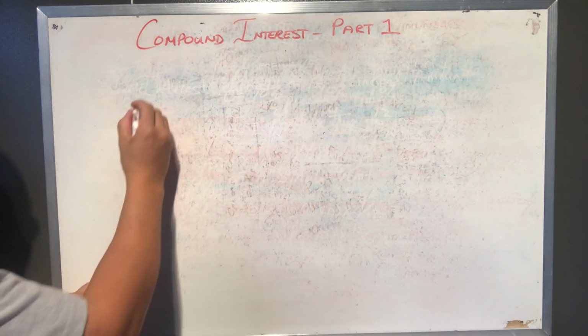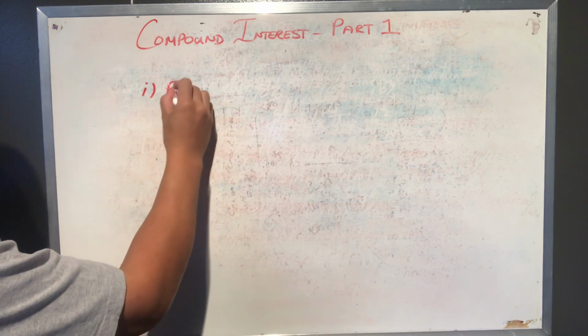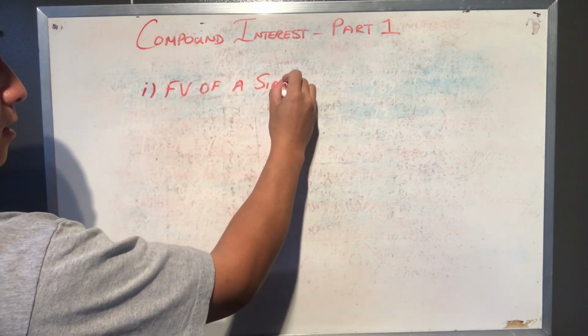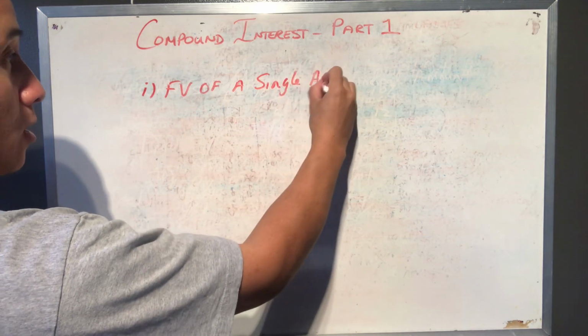So in here, the first one, the future value of a single amount.